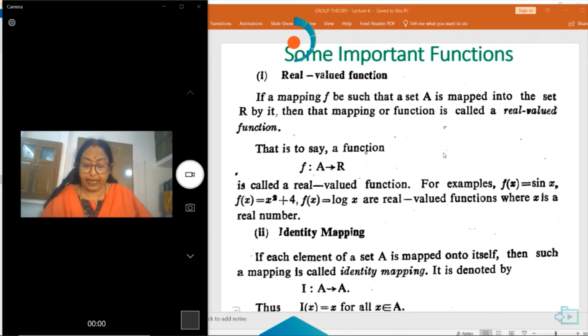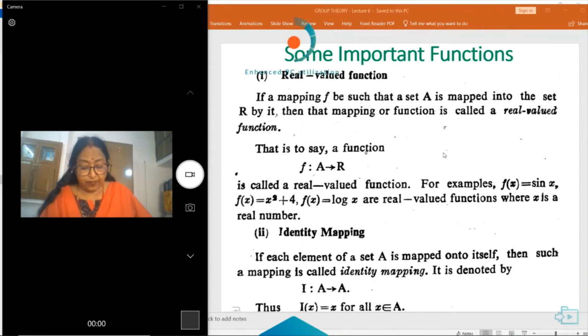Similarly, identity mapping. If each element of a set is mapped onto itself, then it is called the identity mapping. That is, I(x) is equal to x for all x belonging to A. Mind it, all x belonging to A. That is, f(x) is equal to x itself.